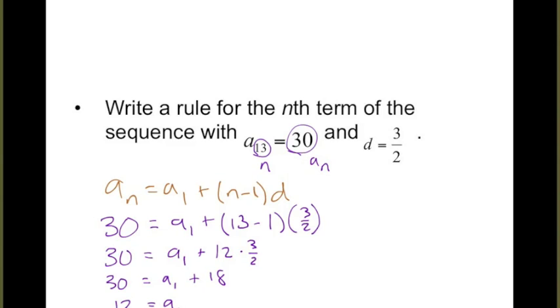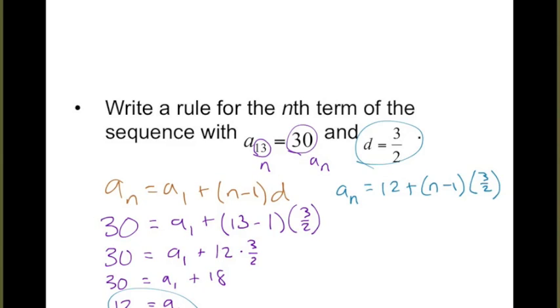But it didn't say find a sub 1. It said find a rule. So now we need to take the a sub 1 and the difference and do what we did in the previous problem. A sub n is 12 plus n minus 1 times 3 halves.